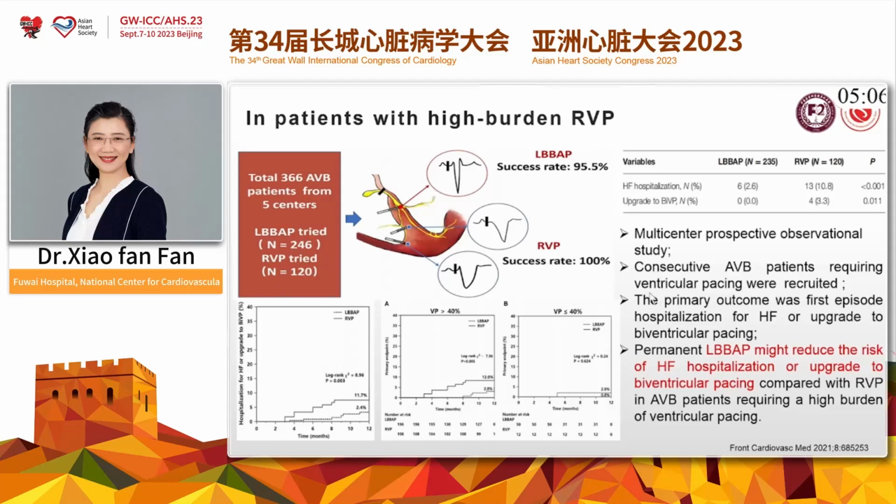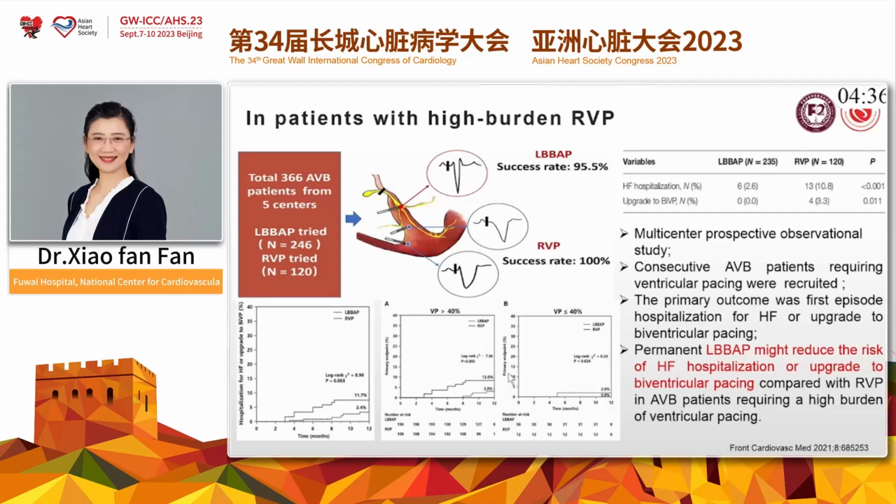We can see in this paper, the LBBAP success rate is higher than in our study in 2019. So the success rate of LBBAP now I think is commonly higher than 95% in most centers.